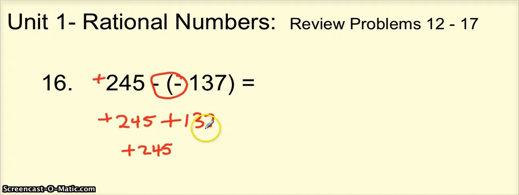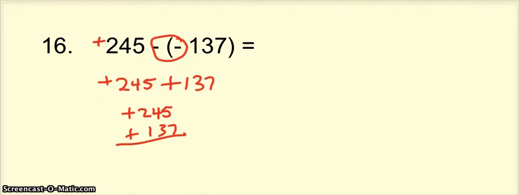So we'll put positive 245 on the top, positive 137 on the bottom. Since these signs are the same, we can go ahead and add up the numbers. So 5 and 7 gives me 12. Carry the 1. 4 and 3 gives me 7 plus 1 more, which is 8. And then 2 and 1 gives me 3. Since both of these are positive, my answer is positive. So positive 382 is the final answer.